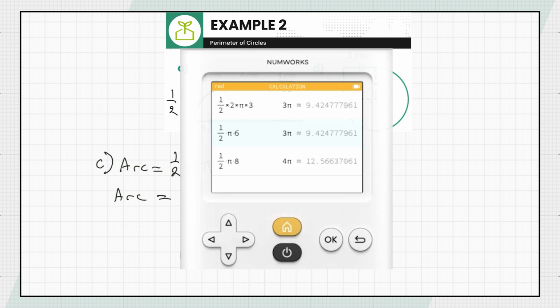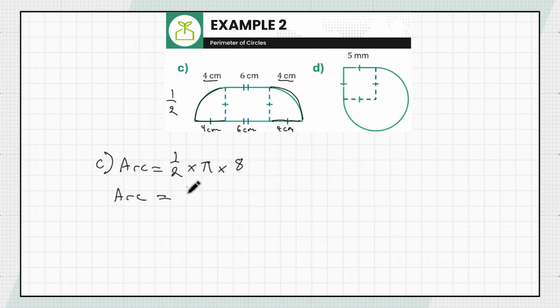Okay, the end result is 12.566 or 12.57. Okay, so that is our arc length on both sides, okay? If we add them both together, it would just be the curved part, it wouldn't be the radius.